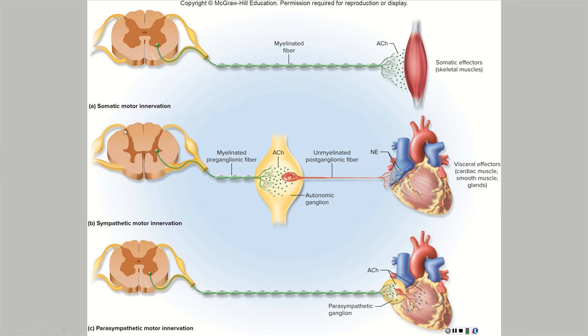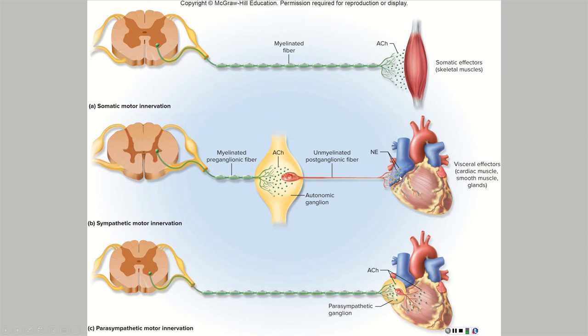Now we go to the sympathetic nervous system. In the sympathetic nervous system, the preganglionic neuron releases acetylcholine onto the postganglionic neuron. So everything so far has all been acetylcholine. Now we're about to change that. The postganglionic neuron releases something called norepinephrine.